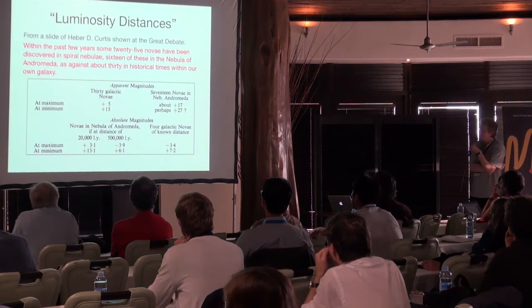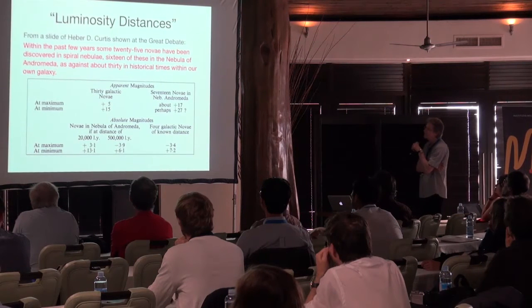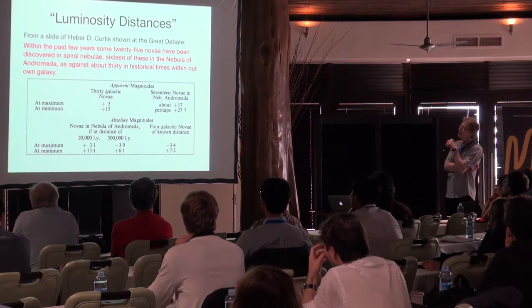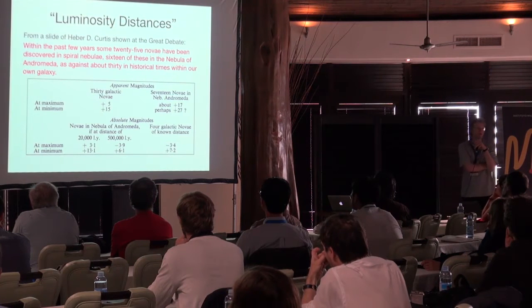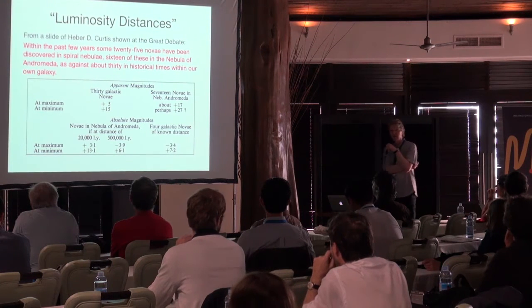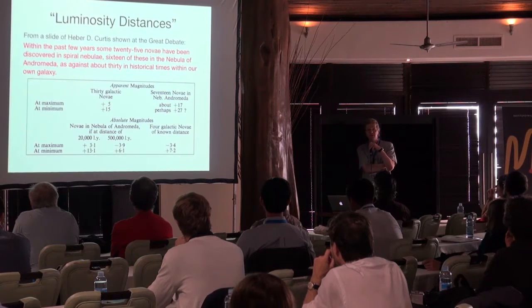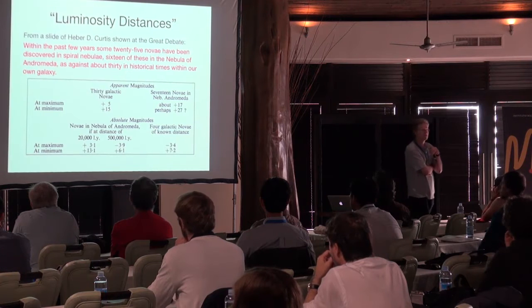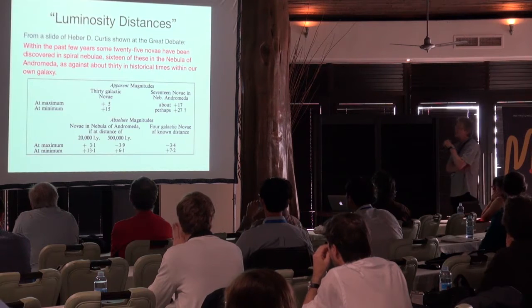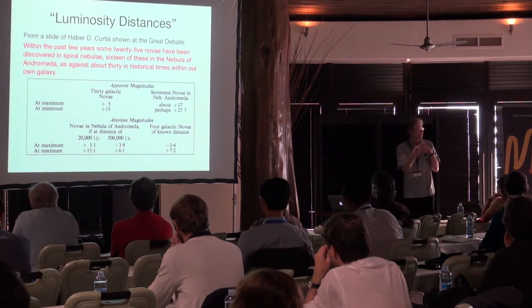He said, how can it be that in the last 25 years we've seen 16 novae in Andromeda, and in historical times we have seen 30 all over the sky. So if novae came from stars, he argued, then Andromeda has to be a large collection of stars, and it had to be a galaxy outside our own. So these are two examples where I believe supernovae have been used as distance indicators, even though not in the same way we do this today.